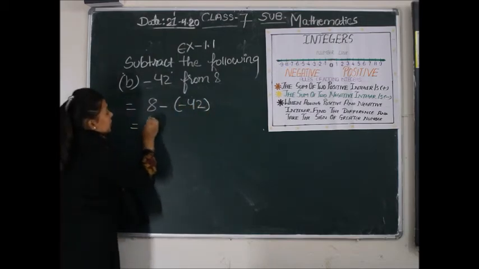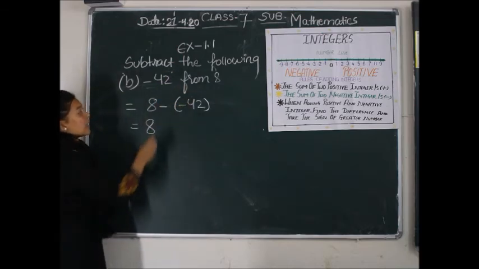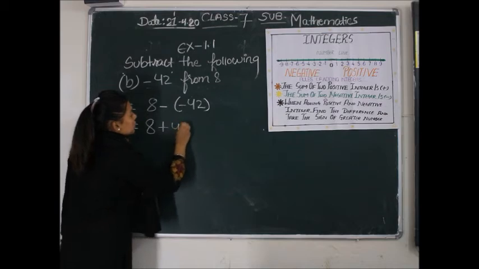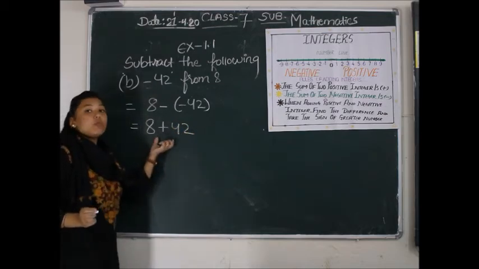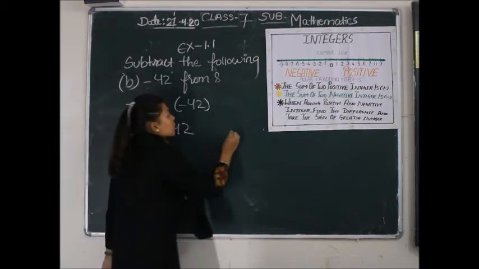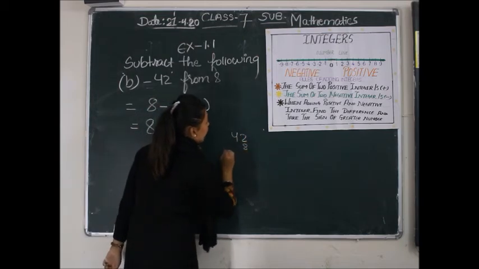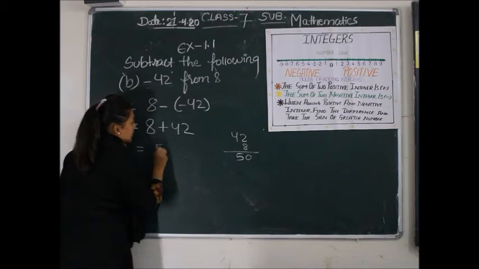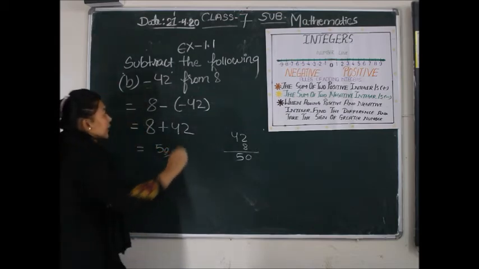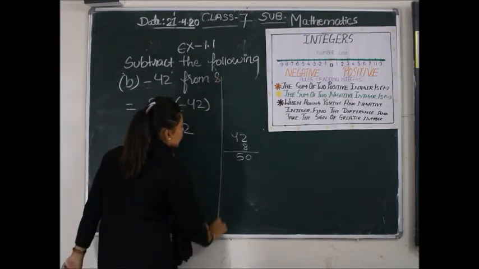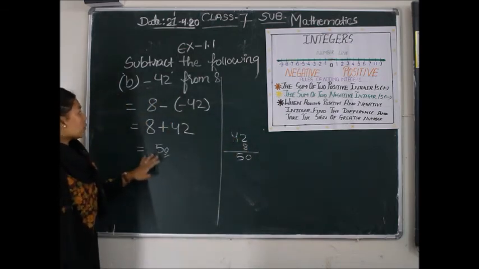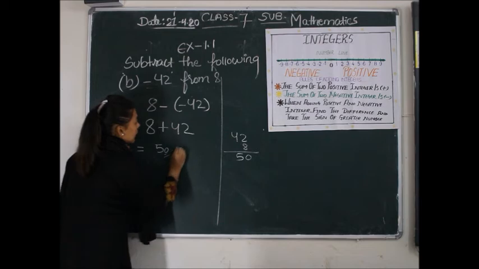Now again, while opening the bracket, minus into minus will be plus 42. When both the signs are the same, we need to add the numbers. So when we add 42 and 8, it will be 50. Please draw one rough column so you can do all the addition and subtraction. Now we got this answer as 50.